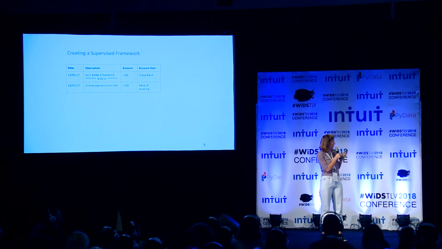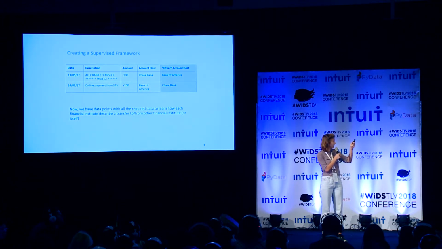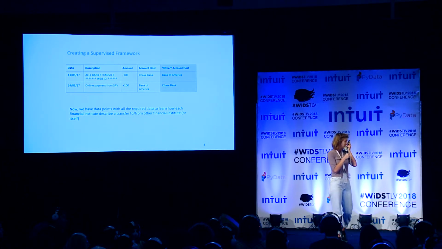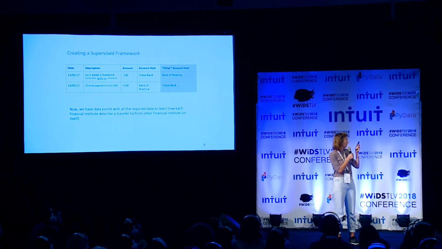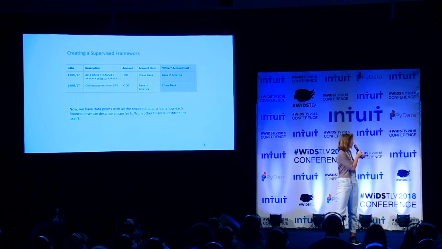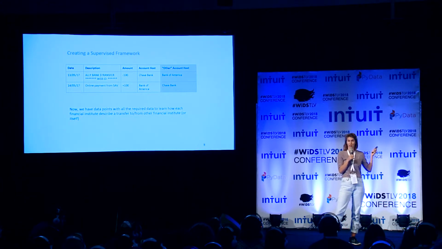Because for those pairs, we actually have that other field that we want to guess, the other account hosting bank. So we now have data points that have everything we need to learn how banks describe transfers, which bank is on the other side of a transfer that looks like, I don't know, this or this.